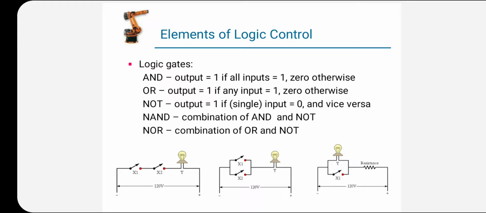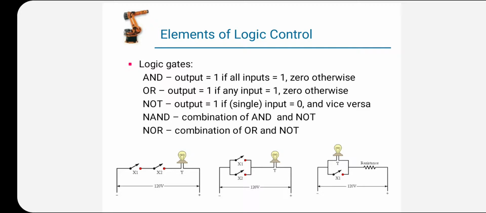OR means output is 1 if any input is 1, otherwise 0. NOT means output is 1 if the single input is 0 and vice versa. NAND is a combination of AND and NOT, and NOR is a combination of OR and NOT. We will discuss these gates in detail.